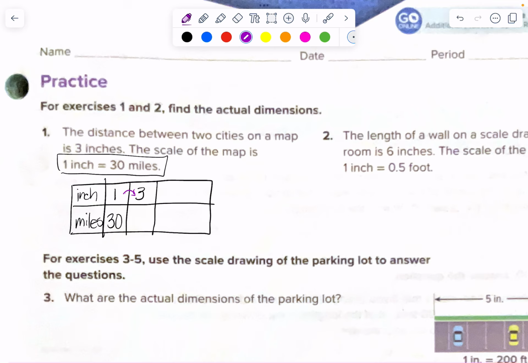So here I notice that I'm scaling my inches by 3, so I'm multiplying by 3. And so I could do the same thing to my miles. If I scale my miles by 3, 30 times 3 is going to be 90. So that means that the actual distance is going to be 90 miles.